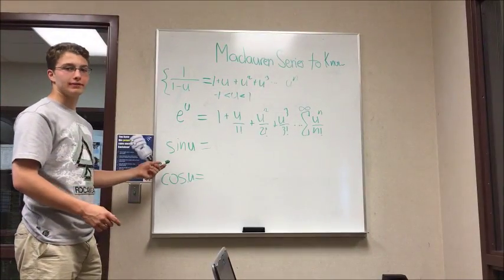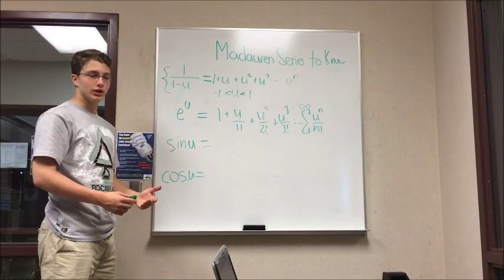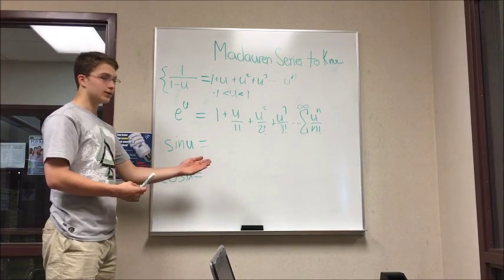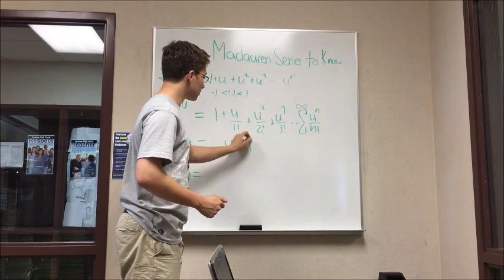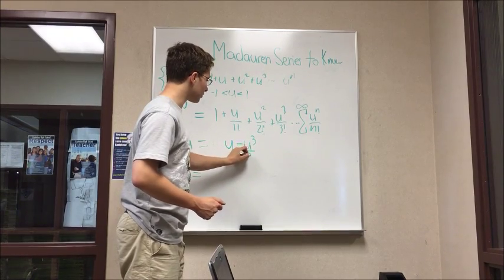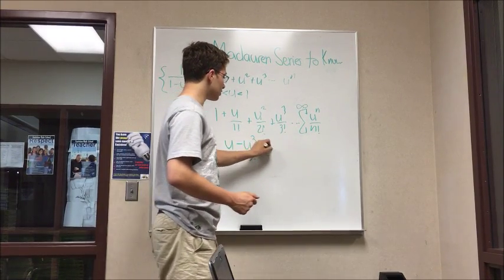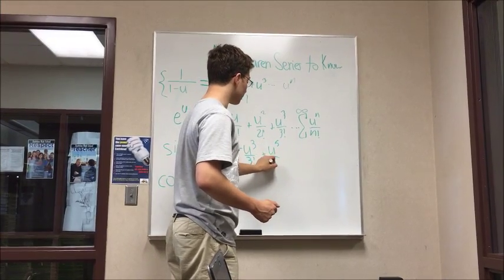Alright, so now let's learn the sine function, which is just the basic function that we've already learned, but I'm just going to write the series in general term right now. We start out with u minus u cubed over 3 factorial, then adding u to the 5th over 5 factorial.